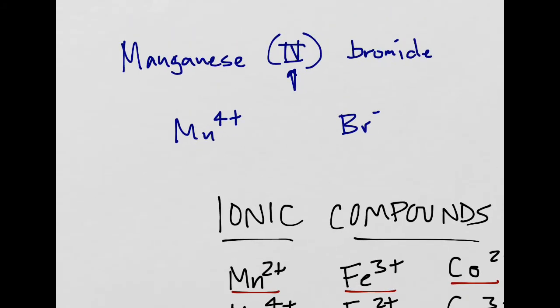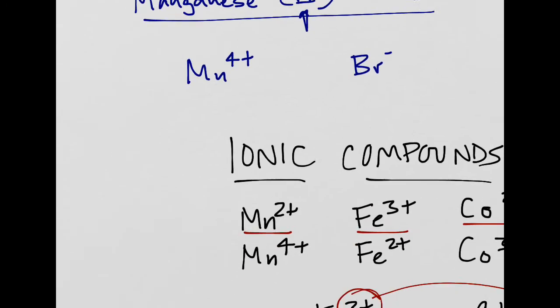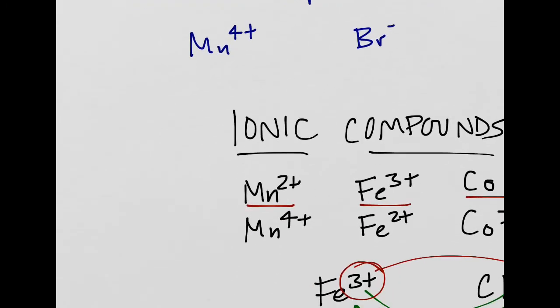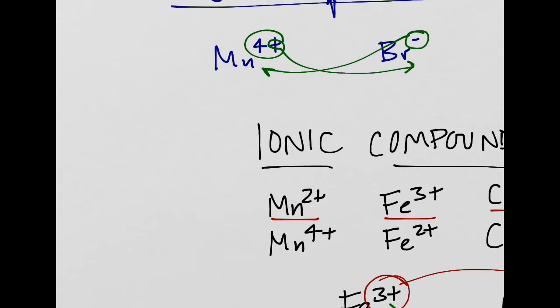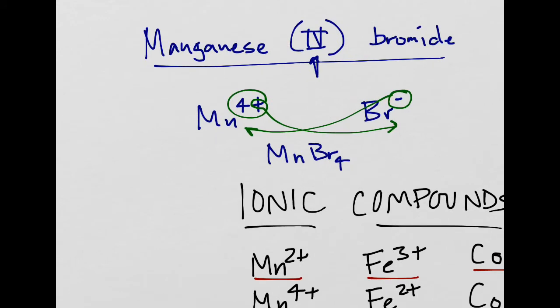So we are able to crack the code with this. Then we do the same thing we keep doing, the crisscross, transferring the absolute value of the charge, and we're left with MnBr4. So, manganese(IV) bromide.